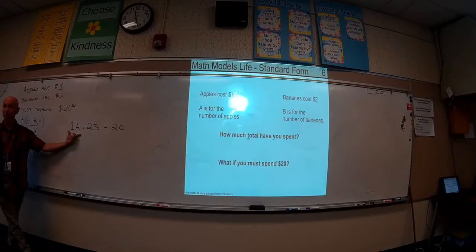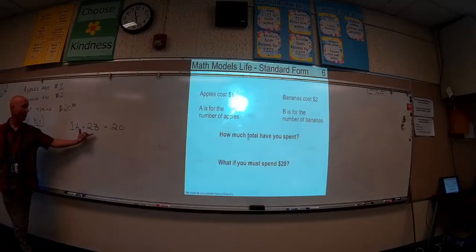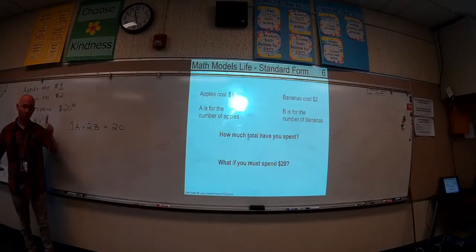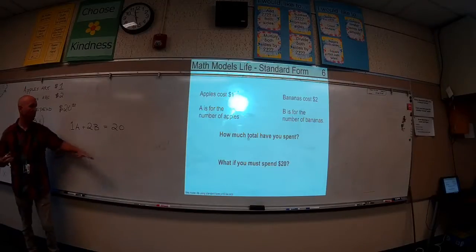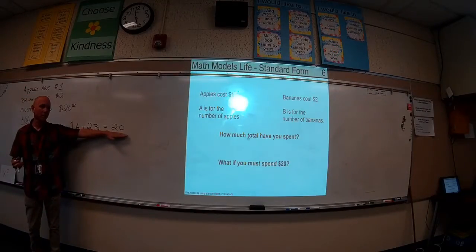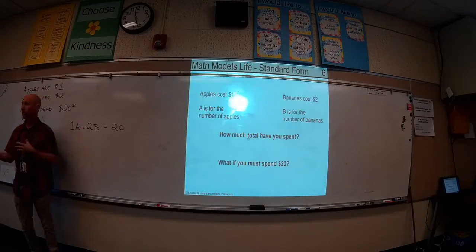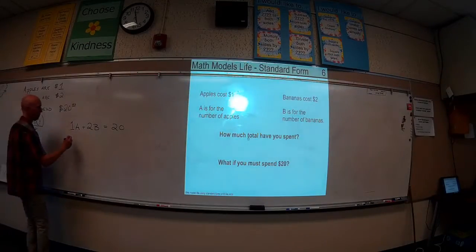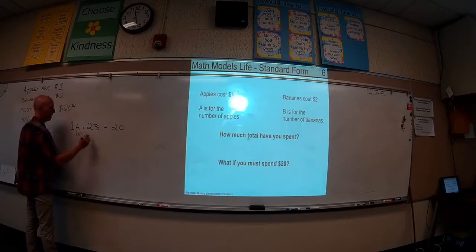It's the cost of all the apples, right? And what is this then, Chris? The cost of all the bananas. Not the cost of one banana, the cost of all the bananas I buy. And what's this? The total cost of the apples and bananas. We're going to graph this using standard form. So let's call these x's and those y's.